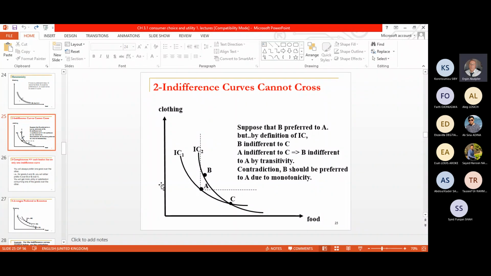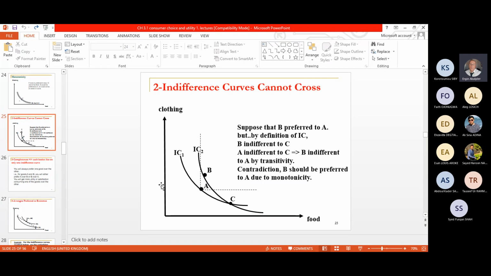But when you come to C, where both curves intersect each other, there is a contradiction here. We said that at indifference curve 2, point B, you are better off, and on indifference curve 1, at point A, you have less. But when these two intersect each other, how does this come about? Then it has the same utility. This is not possible. After this, indifference curve 2 goes down and becomes lower than indifference curve 1.